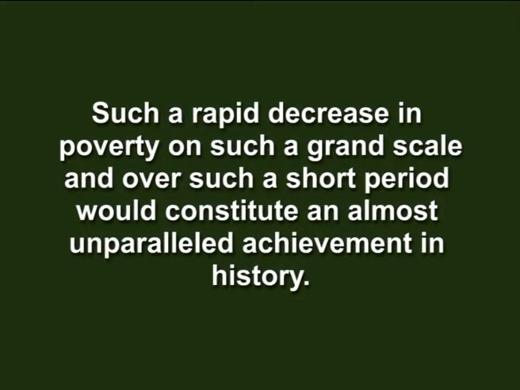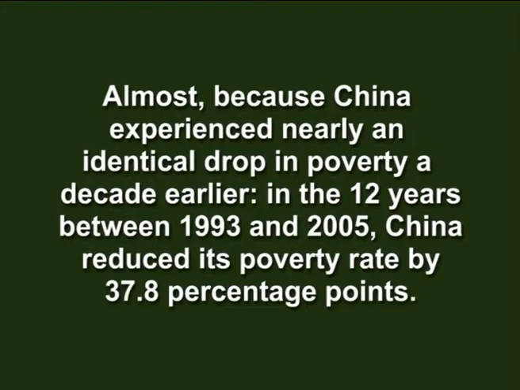Such a rapid decrease in poverty on such a grand scale and over such a short period would constitute an almost unparalleled achievement in history. Almost, because China experienced nearly an identical drop in poverty a decade earlier, in the 12 years between 1993 and 2005. China reduced its poverty rate by 37.8 percentage points.